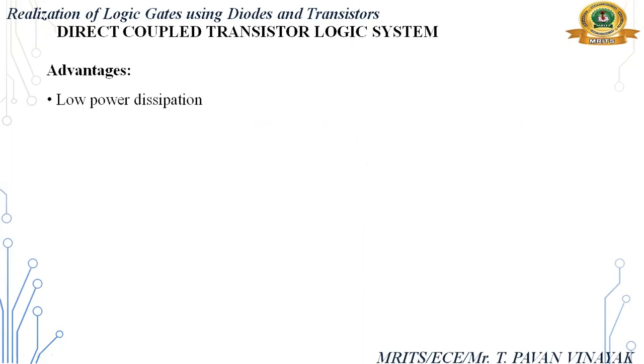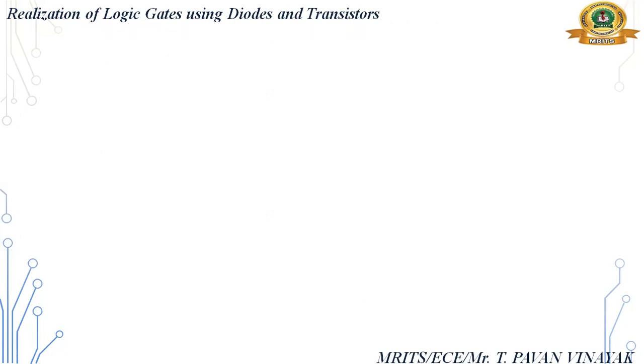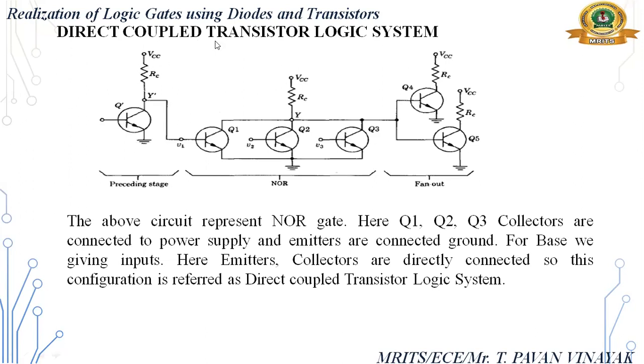The advantages are low power dissipation and less cost, and the disadvantage is that noise margin is very poor. Current hogging. So what is current hogging? Let us see. The output of the NOR gate is taken by two transistors Q4 and Q5, right?